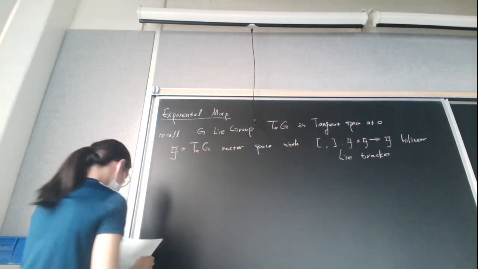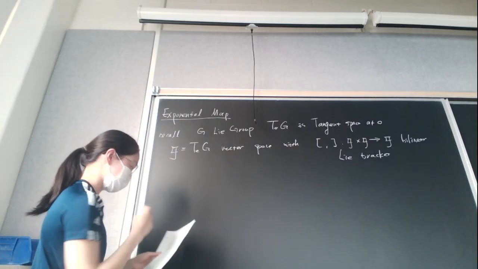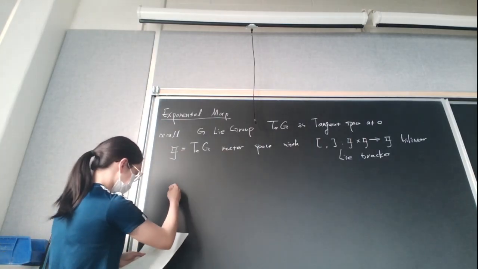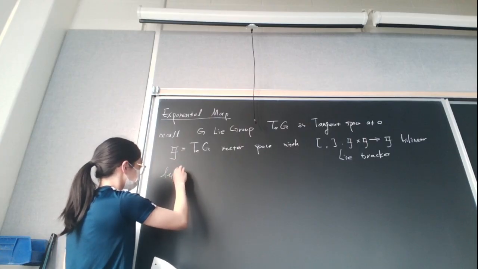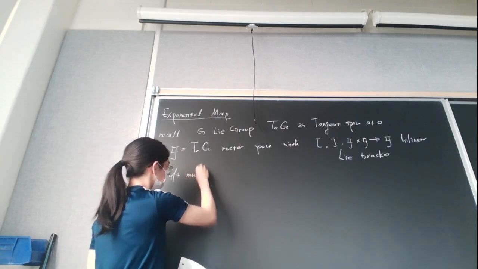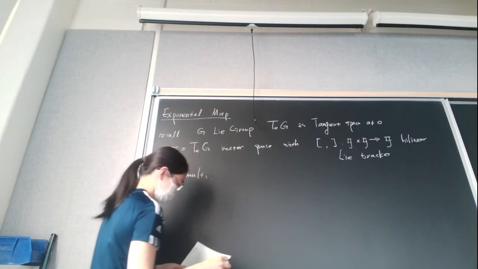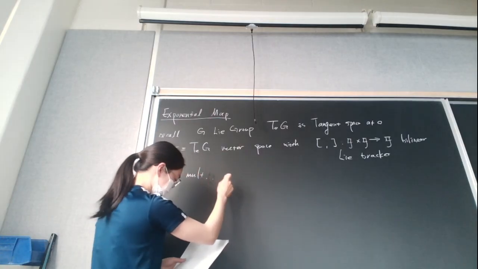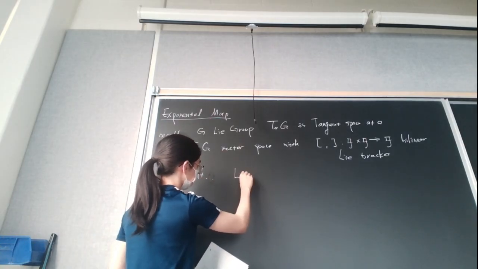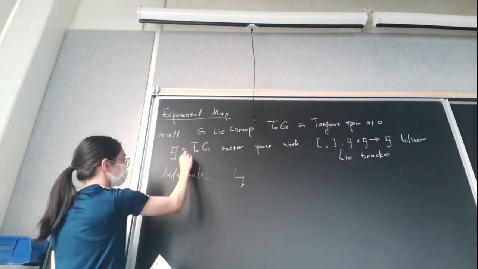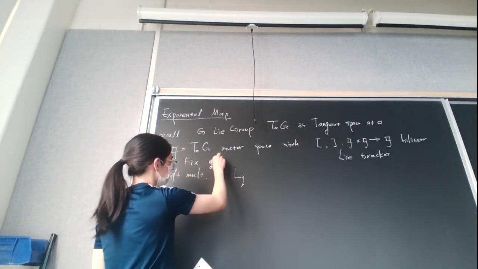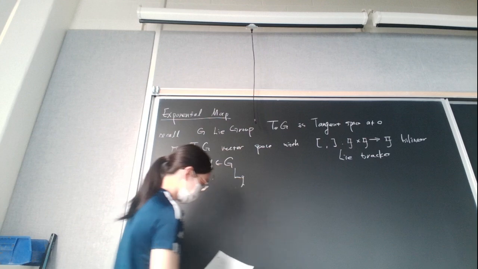Okay. And also recall we can define a map called left multiplication. Let's write it like this: left multiplication by g. So fix an element, fix g to be a group element.